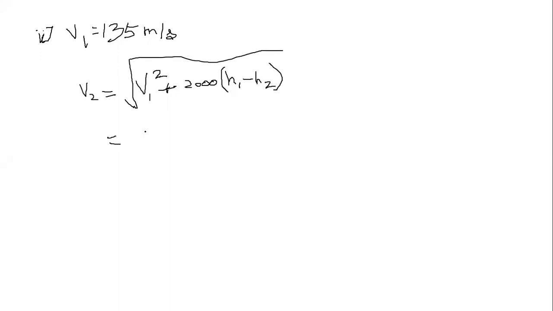Okay, so which is equal to root of 135 the whole square plus 2000 into 2776.2 minus 2084.6.